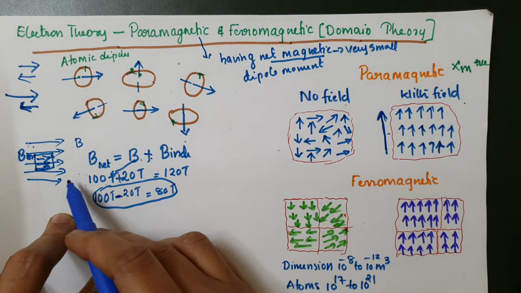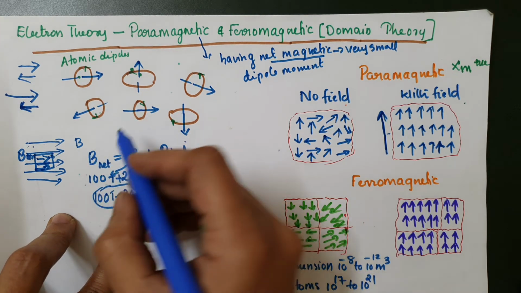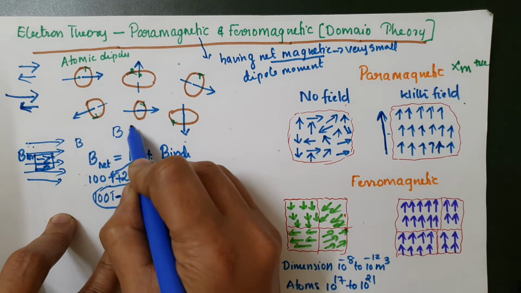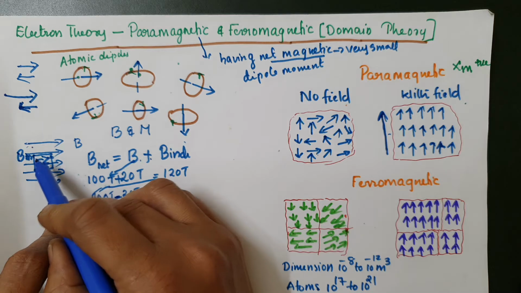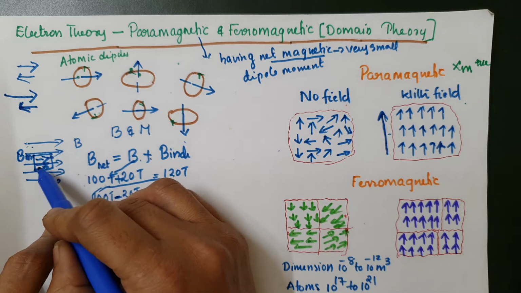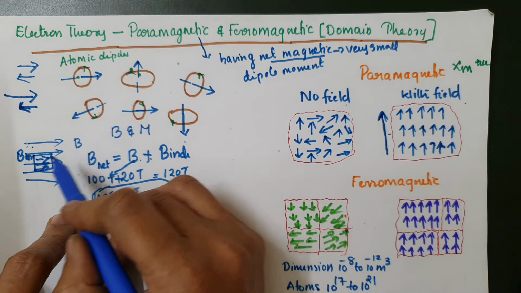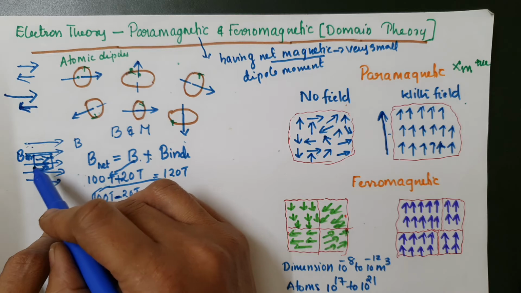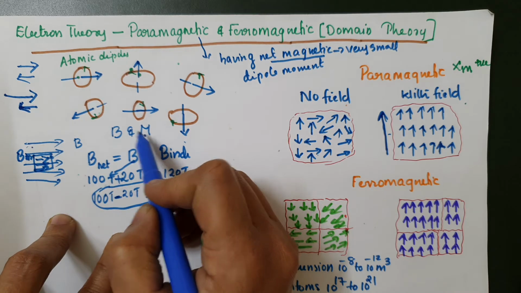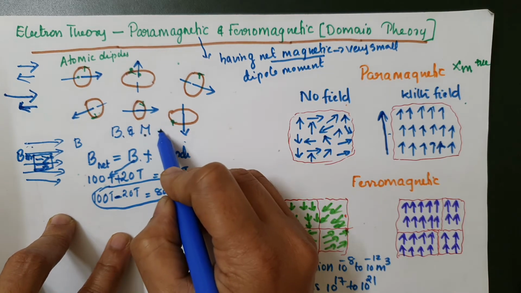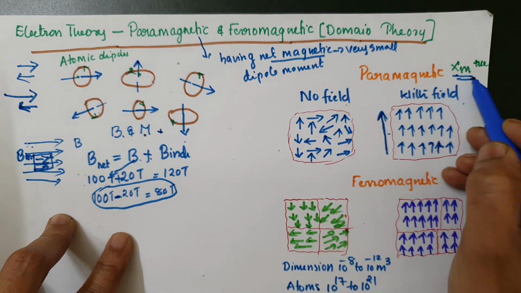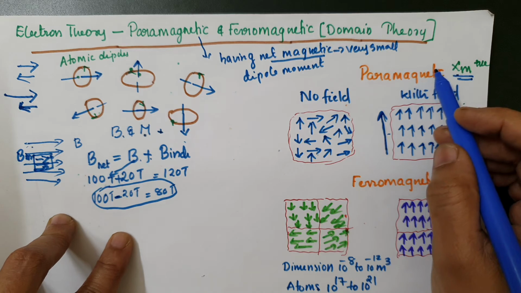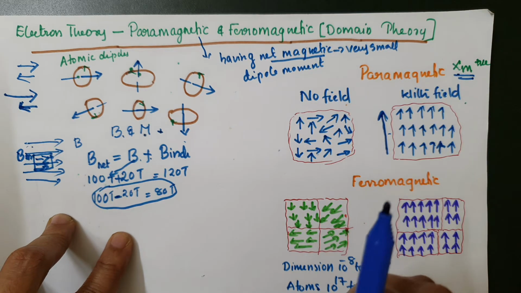Hence, in the case of paramagnetic material, the magnetic vectors B and the magnetization vector M, because of the alignment of dipoles along the direction of the field, are in the same direction, and hence it has a positive magnetic susceptibility value for paramagnetic materials, but it is negative for diamagnetic material.